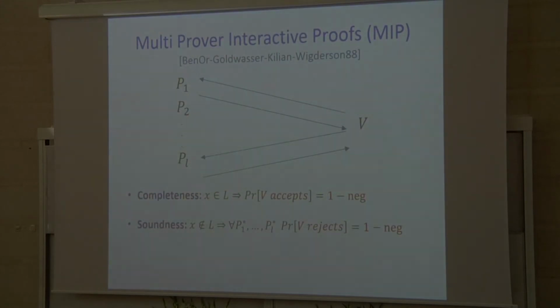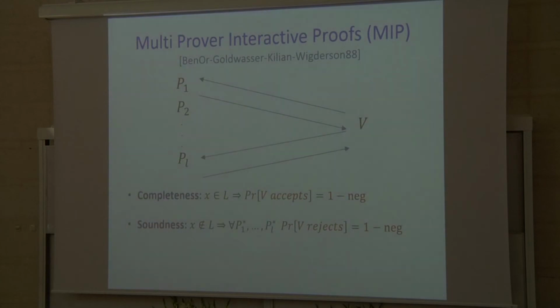Okay, so what is an MIP, a multi-prover interactive proof system? This is a very natural extension of the standard notion of an interactive proof system. It was suggested by Ben-Or, Goldwasser, Kilian, and Wigderson. And the idea is to extend the single prover interactive proof system by having many provers who only interact with a verifier. They only talk with a verifier, not among themselves.